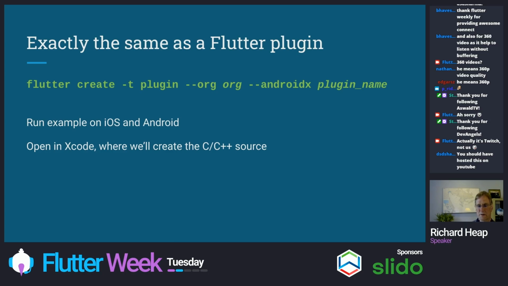So in a plugin, you're actually developing a pod, and that pod has got to get installed into the app. So once you've run it once, you can close it again, then you can open it in Xcode, and now you'll find that it can find the source code because the pod has properly been installed.